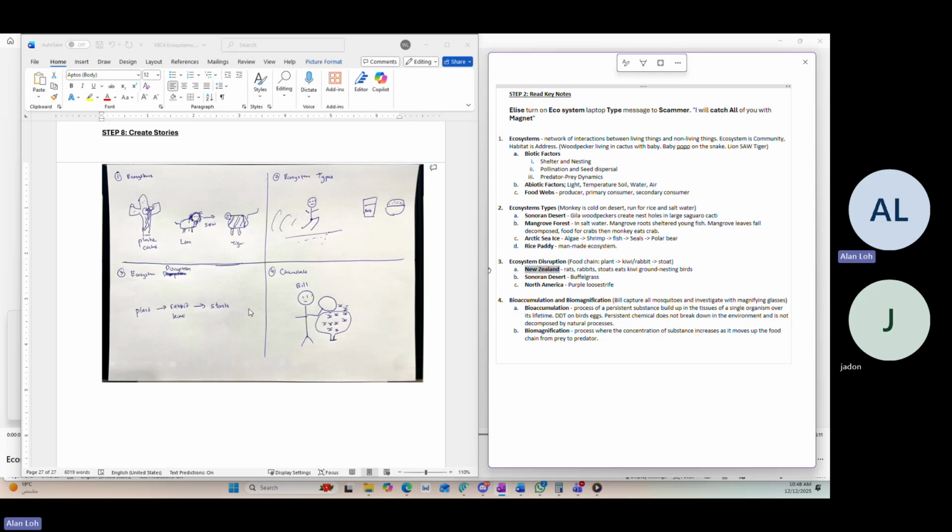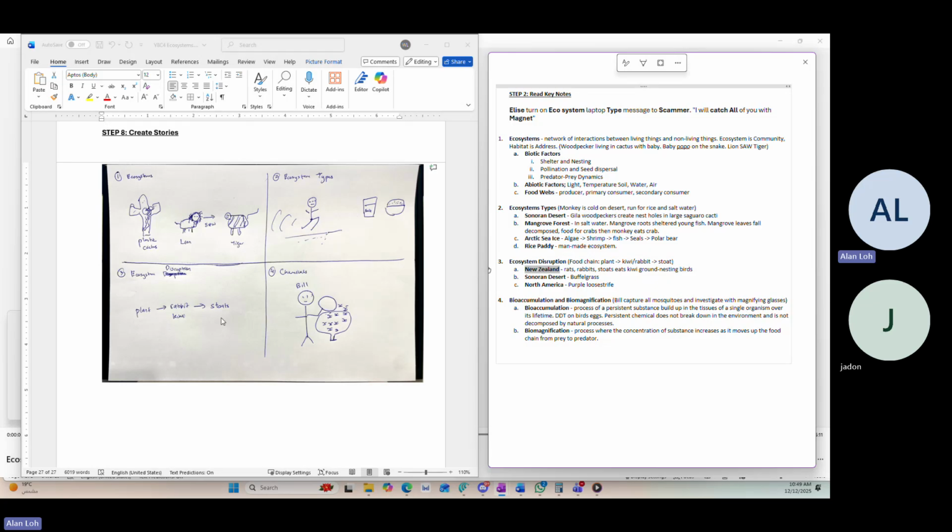So this already helps me remember the information inside the textbook. It's about New Zealand, about the kiwi being attacked by stoats, and the stoats came for a reason. The reason is not to kill the kiwi. The reason is to kill the rabbits.